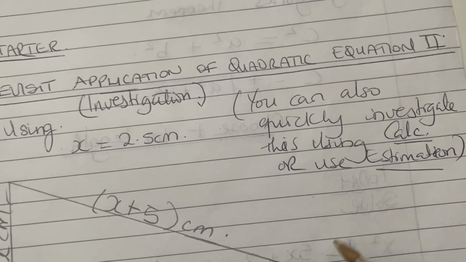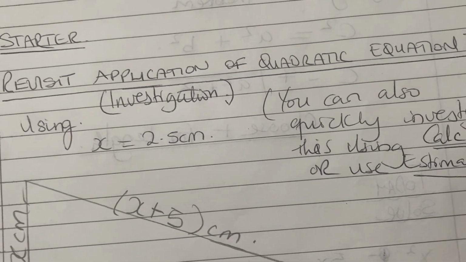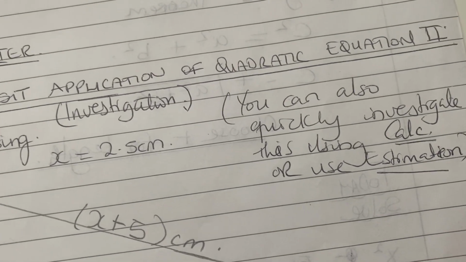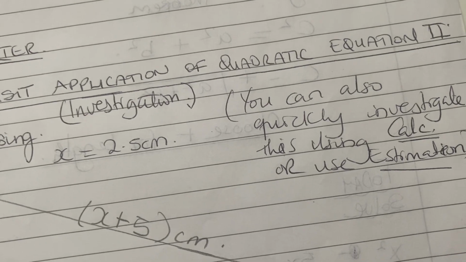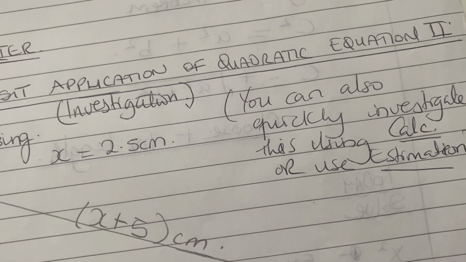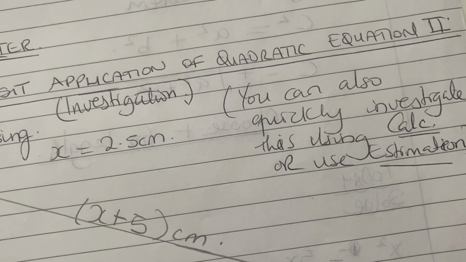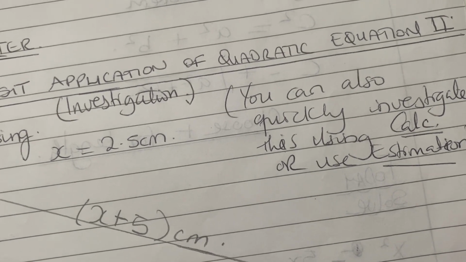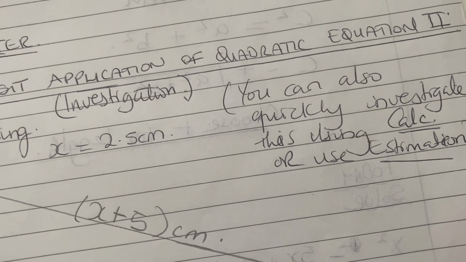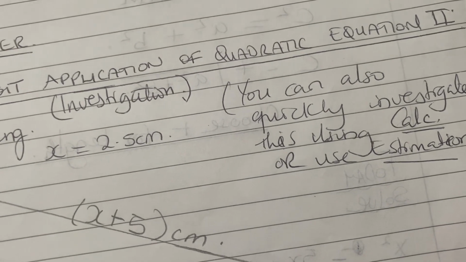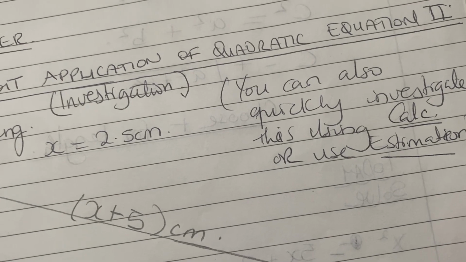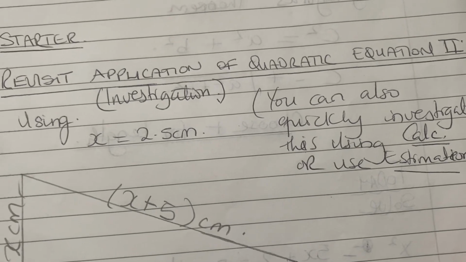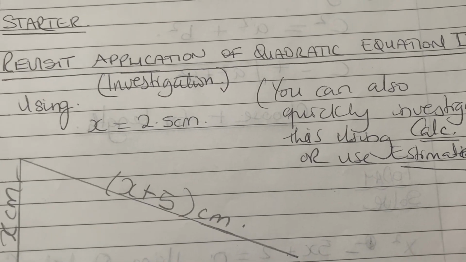With this one, you can always investigate if it's a calculator paper, or you can easily use estimates to find out. Normally when I finish a video, I go back thinking about what I've done to see if there's any way I could explain it for you to understand better.